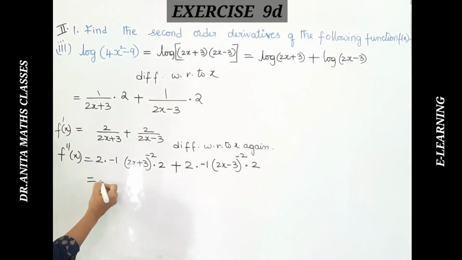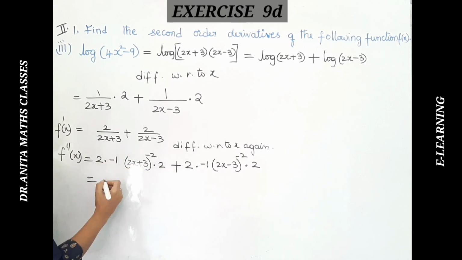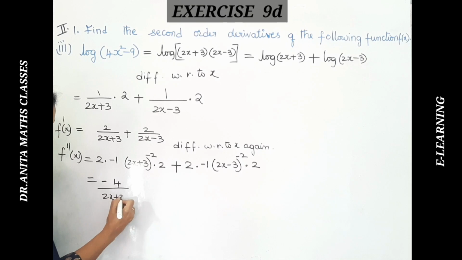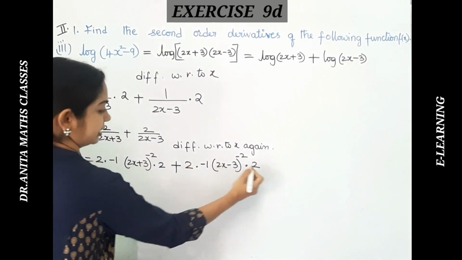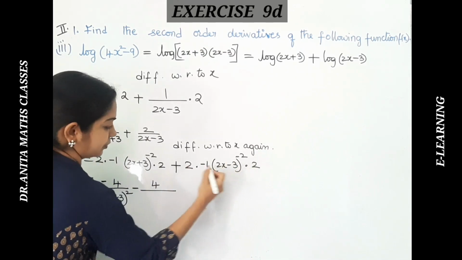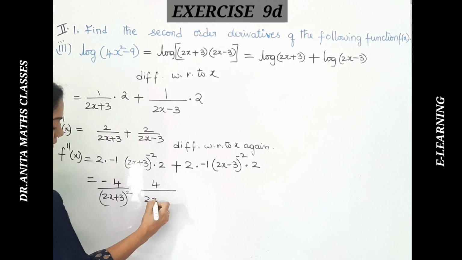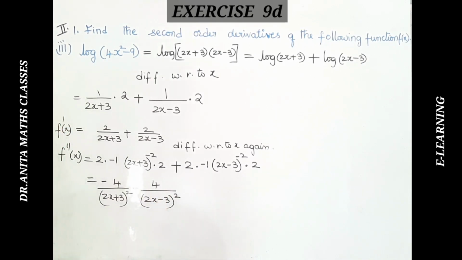So here what we will do, we will multiply 2 2's are 4, minus 1. So minus 4 upon 2x plus 3 whole square. I can write this below. Here again minus 4 upon, 2 2's are 4 and minus is there, 2x minus 3 whole square. So this is the second order derivative.